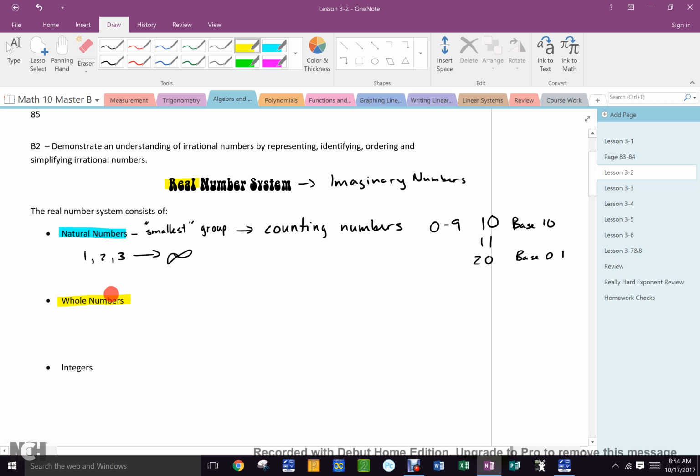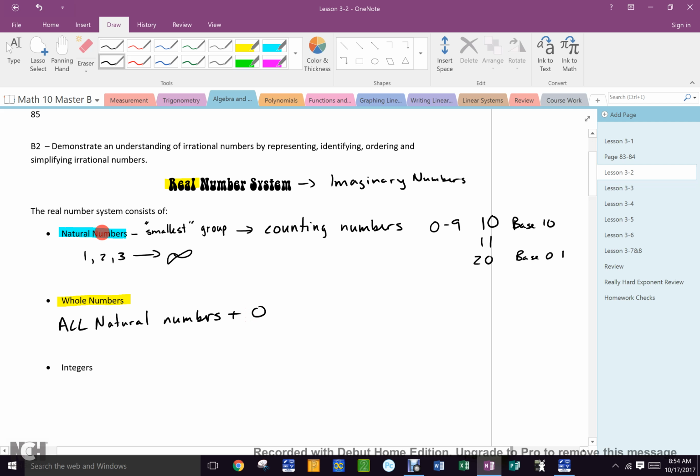Now whole numbers is a problem because when I say whole numbers, you all already think you know what they are, right? You think that they're numbers without fractions, yeah? But not quite. The whole numbers are the natural numbers, so it's all natural numbers plus 0.